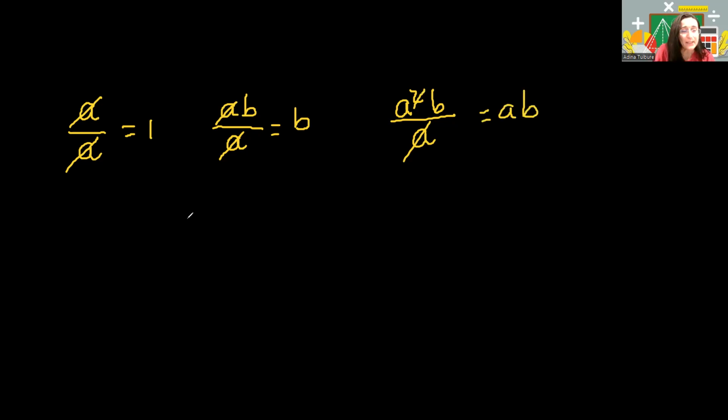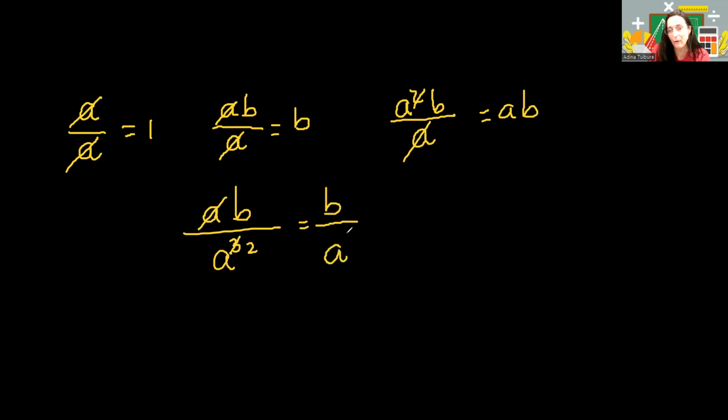What would happen if you would have something like AB over A to the power of 3? Now you divide A by A, and you divide A to the power of 3 by A, and you're left with A to the power of 2. So this will become B over A to the power of 2.